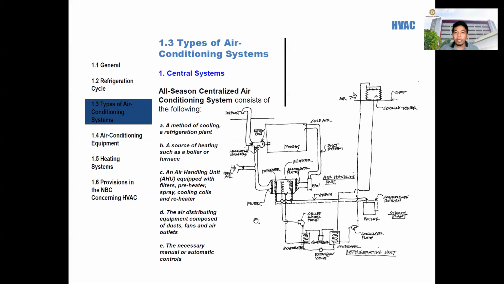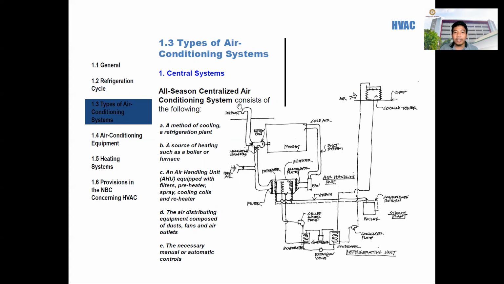This is normally used in department stores, the centralized air conditioning system. And D, the air distributing equipment composed of air ducts, fans, and air outlets. And E, the necessary manual or automatic controls.